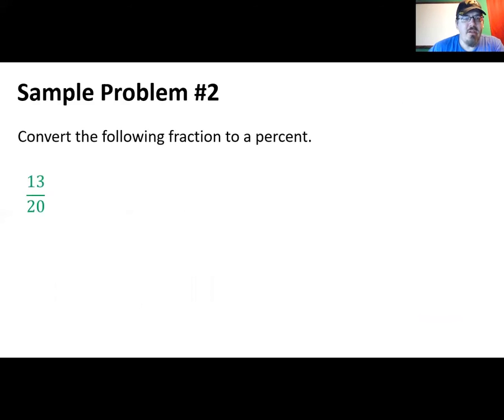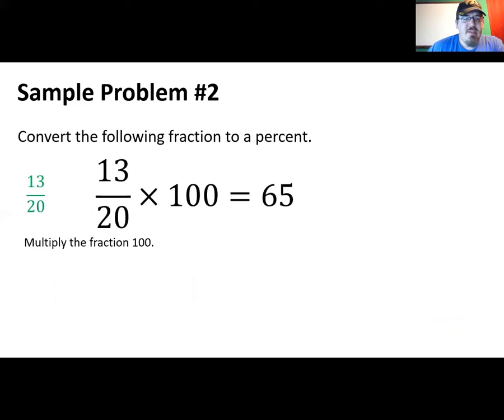All right, sample problem number 2. This time we're going to convert a fraction into a percent. Because percent means out of 100, to do the conversion from a fraction into a percent, we're going to take the fraction and multiply it by 100.